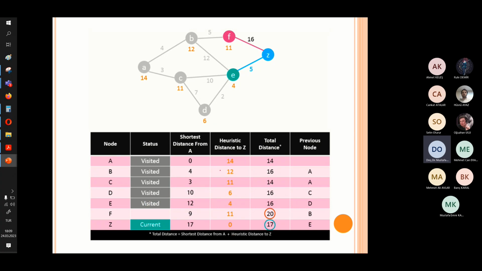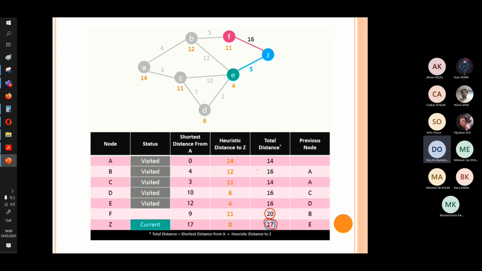And when we finish, the last thing will be F, which we should check. But when we check, the cost is 17, and that is 20, which is larger than 17. Even when we underestimate the cost, we are still higher than the actual one.